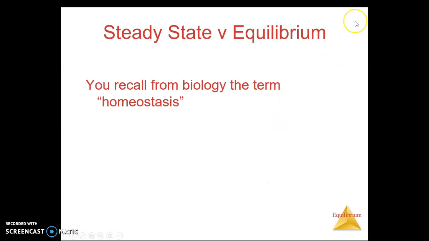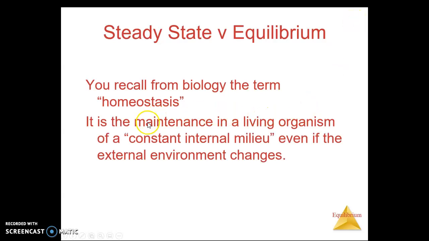You recall from biology the term homeostasis, and it's the maintenance in a living organism of a constant internal milieu, even if the external environment changes. So, for instance, if things get real cold in your body, then the muscles start to shiver and they're using up potential energy coming out of maybe glycogen, or if there's glucose flowing around in there, or even fats.